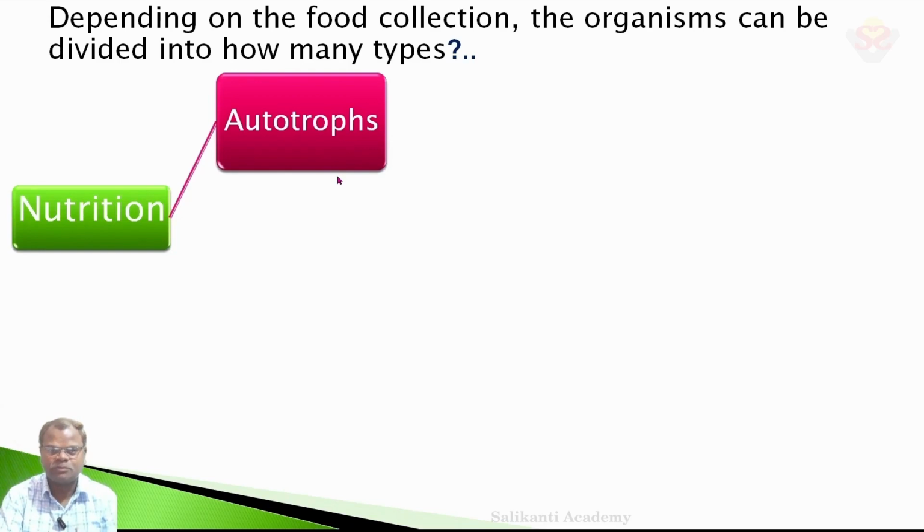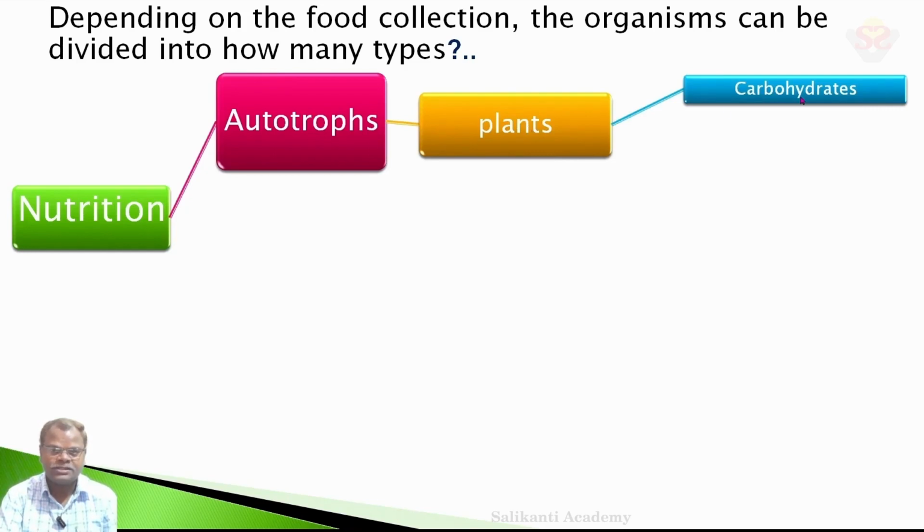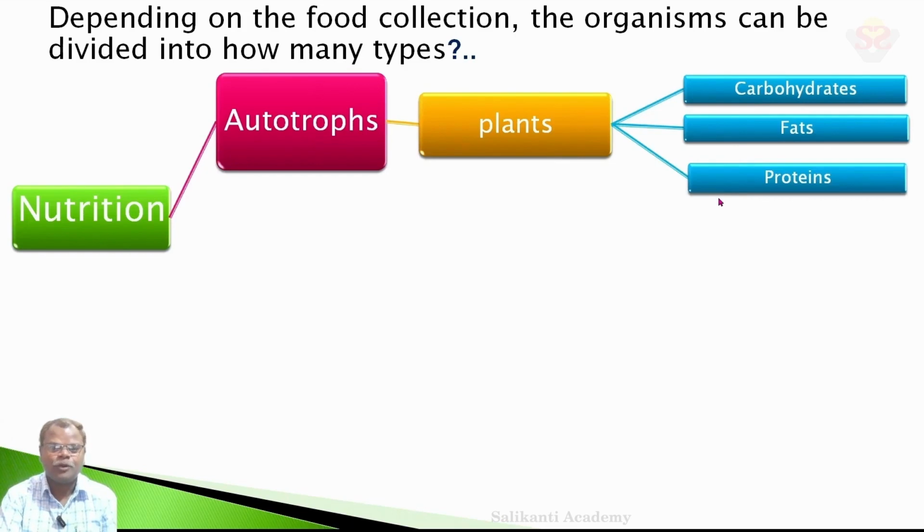For autotrophs, the best example is plants. Plants produce their nutrients themselves. The food produced by plants contains carbohydrates, fats, proteins. These are the major nutrients present in the food produced by plants.